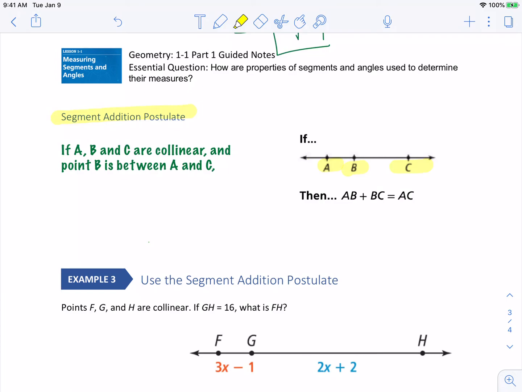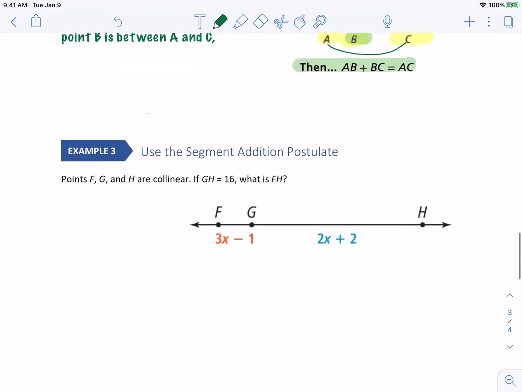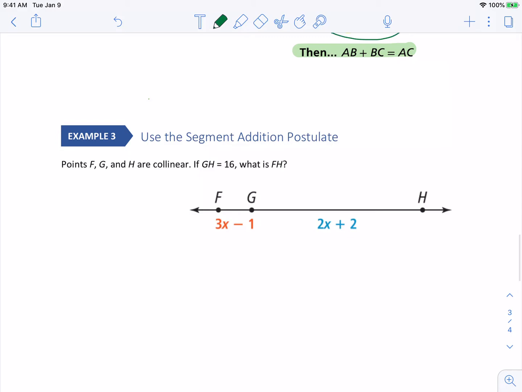And B, this point right here, has to be in between A and C. And if that's true, then you can say AB plus BC equals AC.